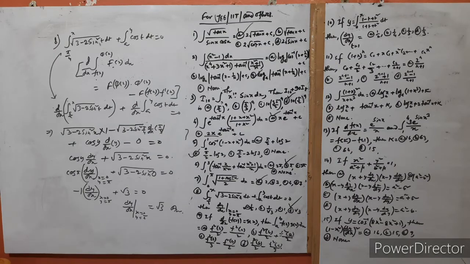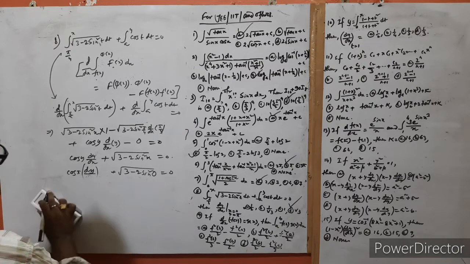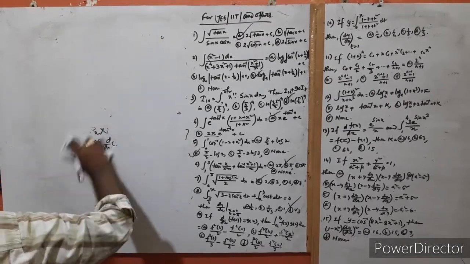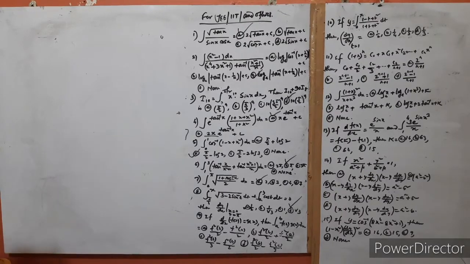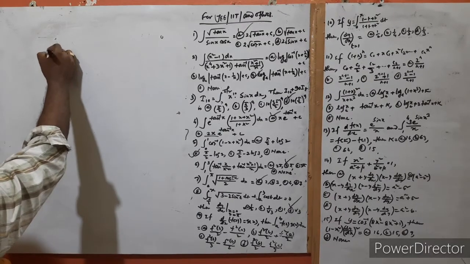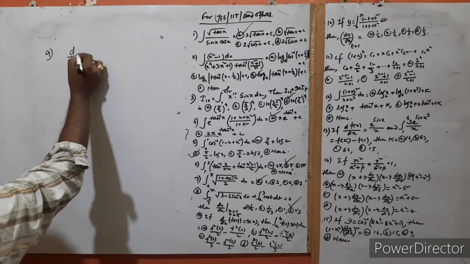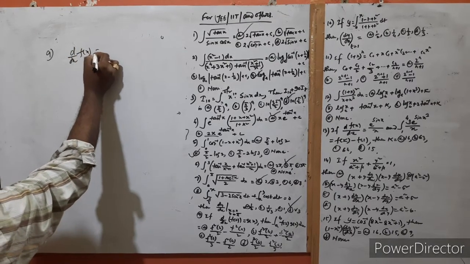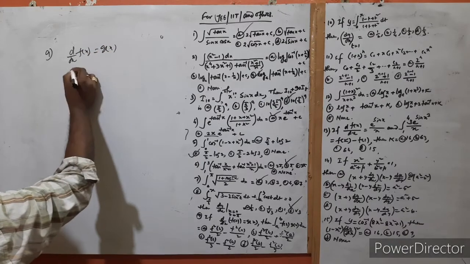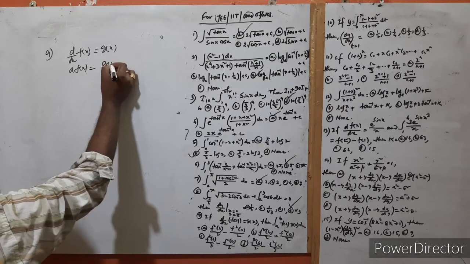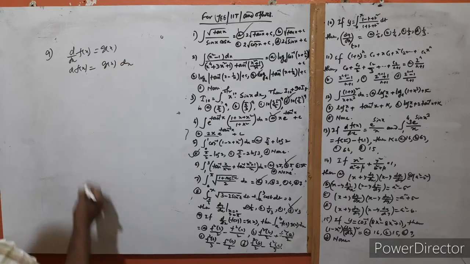See carefully, a very interesting question. Follow question number 9. d/dx of f of x is equal to g of x, and d of f of x we can write as g of x dx.